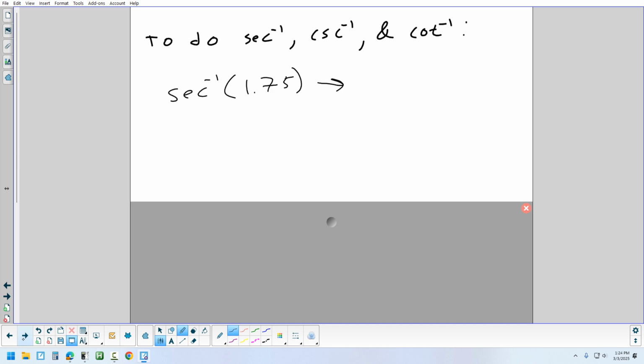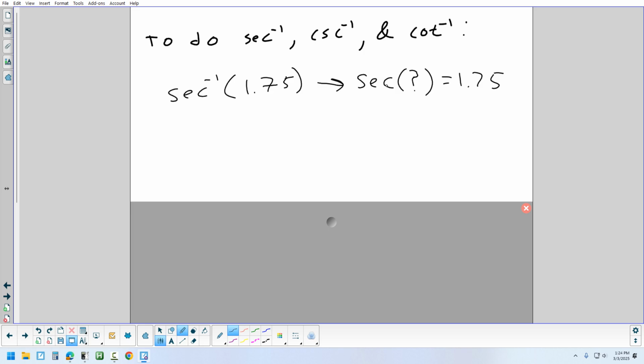So what does the inverse secant of 1.75 mean? The secant of something we don't know is going to come out to 1.75. Now, think back to what we did last week. Secant is connected with another trig function.